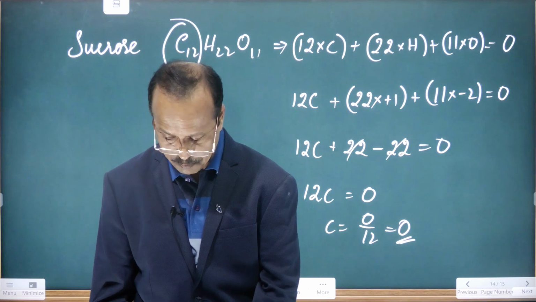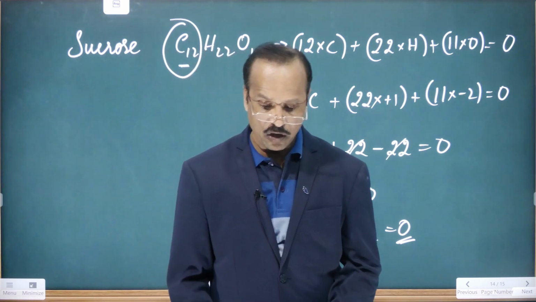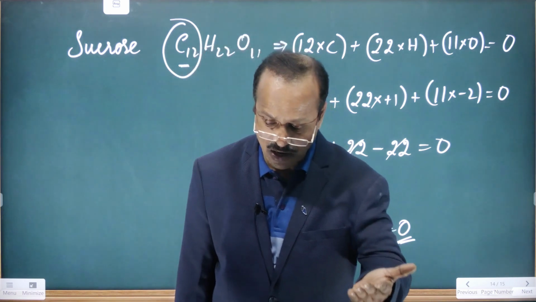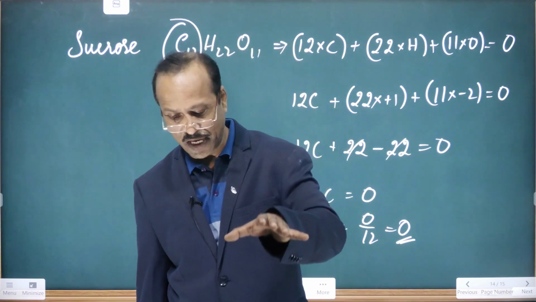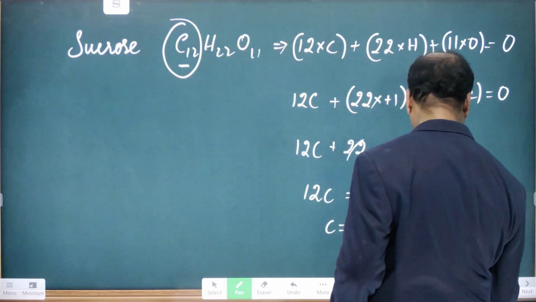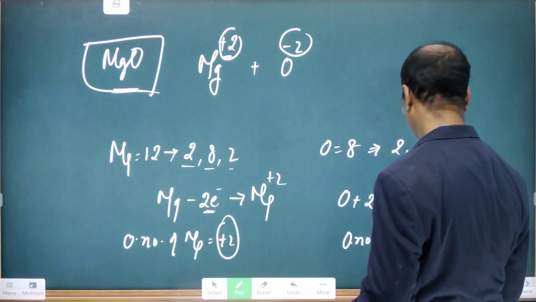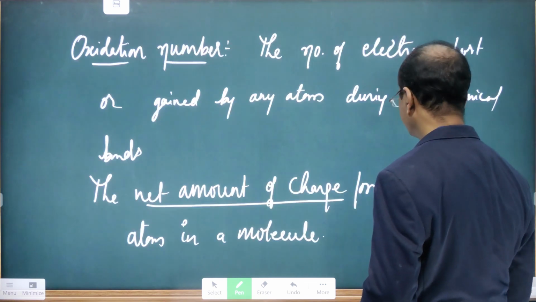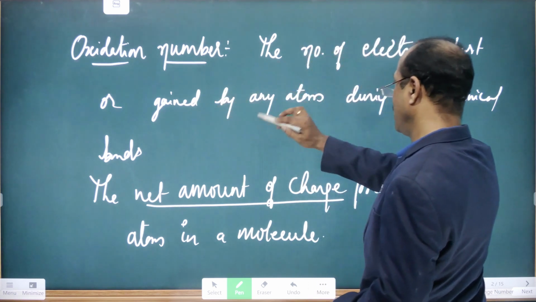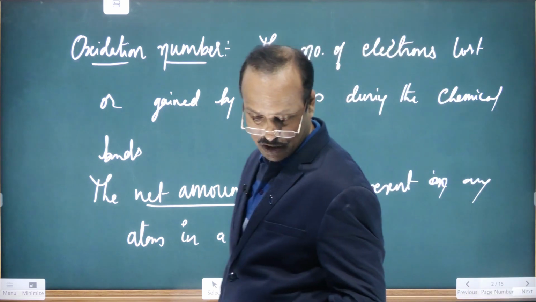Now open page number 72 and here you see the concept based questions. The number which indicates the loss or gain or sharing of electrons by an atom during the formation of chemical bonds. What is that? Oxidation number.